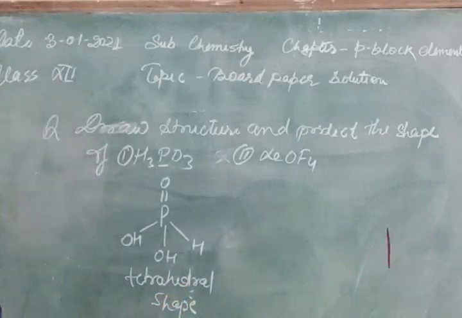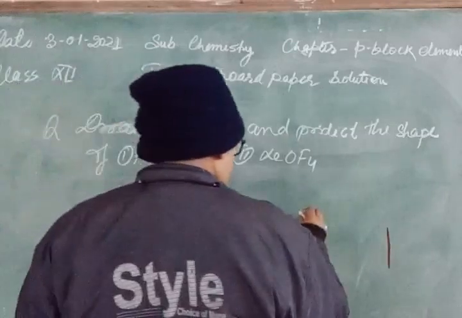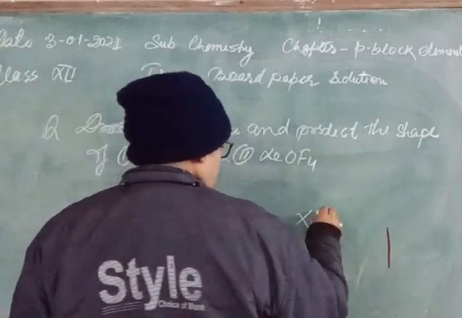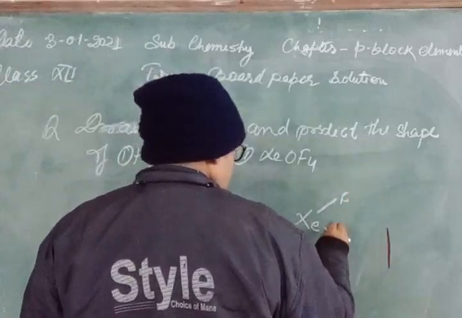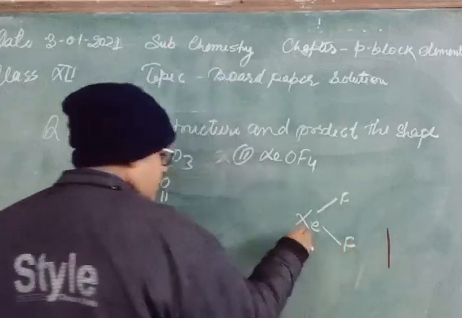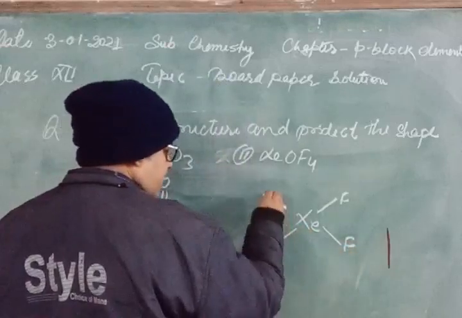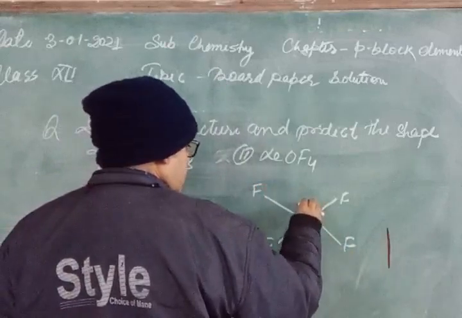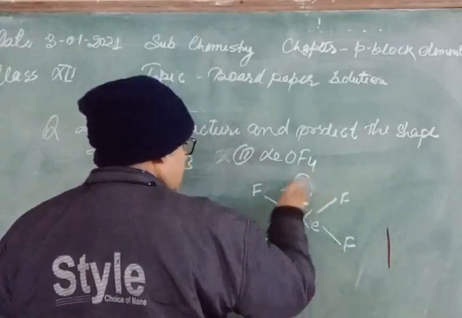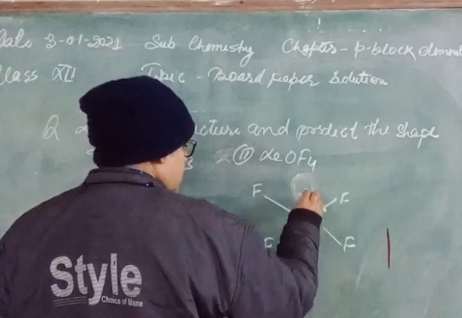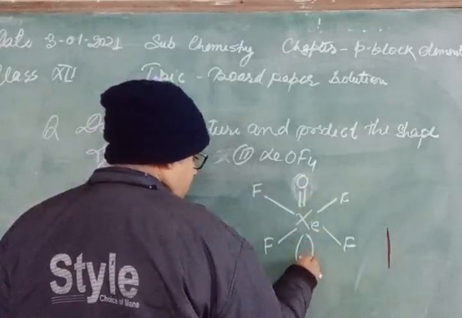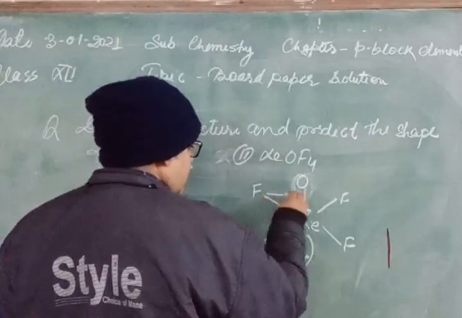Next one is XeOF4. As you know, xenon has 8 electrons. 4 electrons are shared with 4 fluorine and 1 pair with oxygen, and the remaining 1 pair is a lone pair.